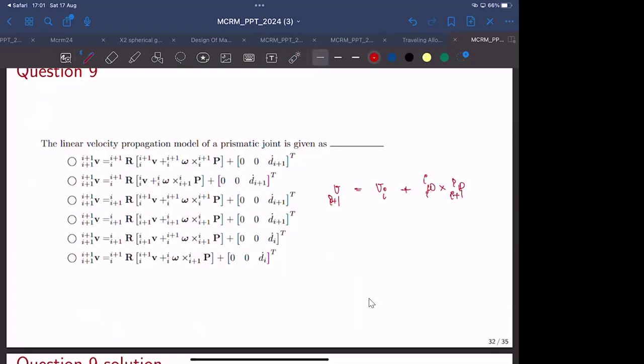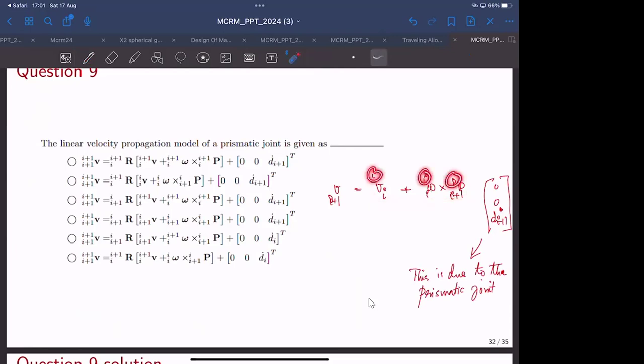These two terms are always going to be there, then plus one term that accounts for the prismatic joint. And this is due to the prismatic joint. Because this is a propagation equation, everything from the previous joint will be represented with respect to the ith frame.